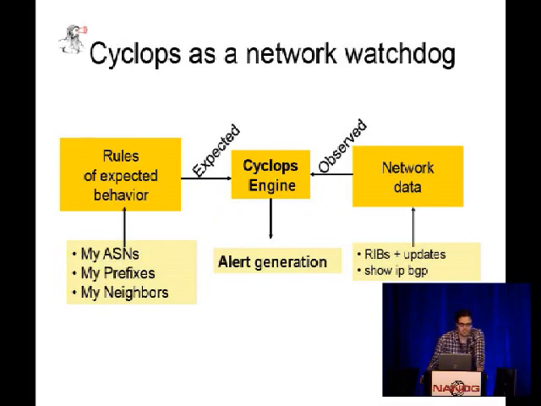Based on this information, the Cyclops backend collects all the BGP routing feeds from hundreds of sensors across the network, including vantage points from RouteViews, RIPE RIS, and others. That's more than 700 vantage points right now. It aggregates all this information, and whenever it sees a BGP announcement or a routing table entry that conflicts with information that the user inputs, it triggers an alert.